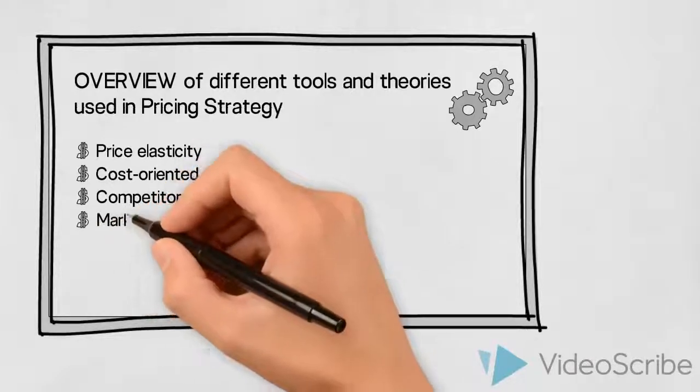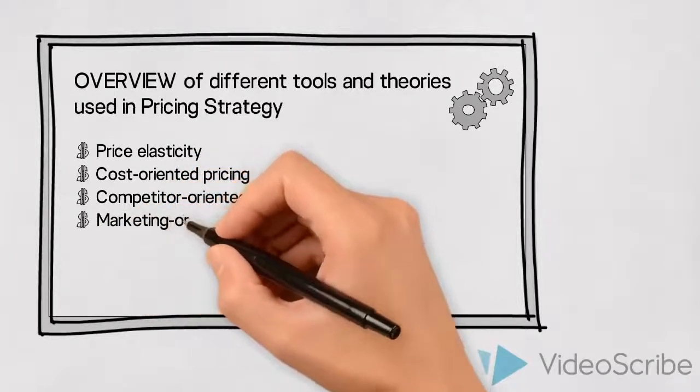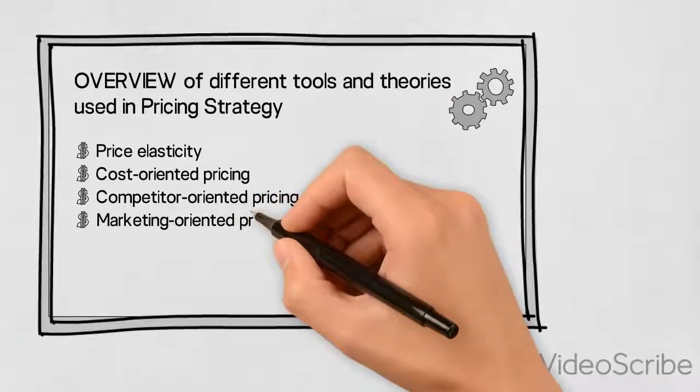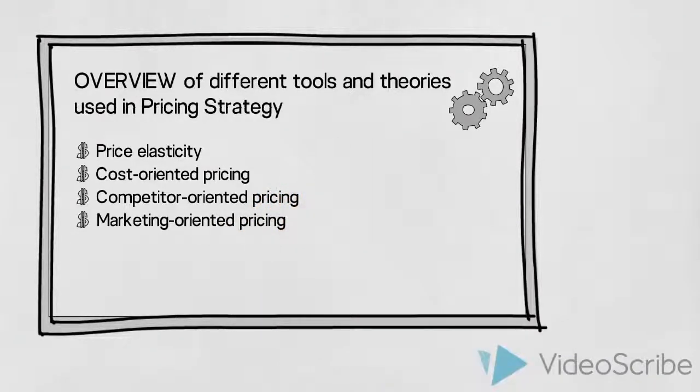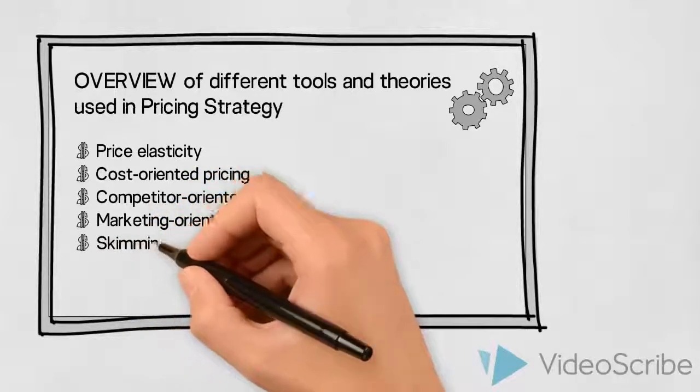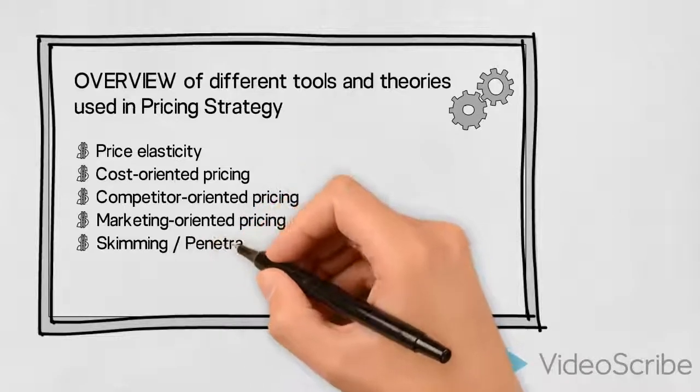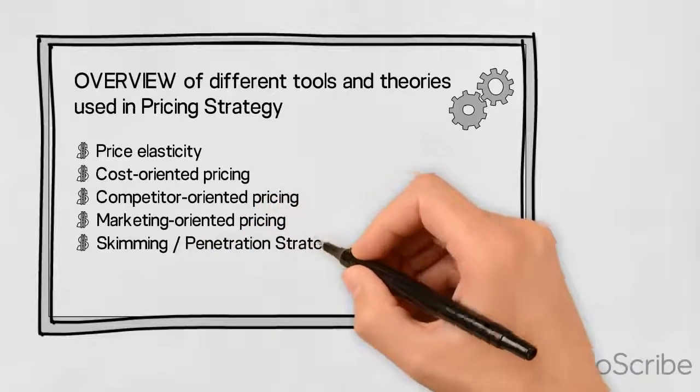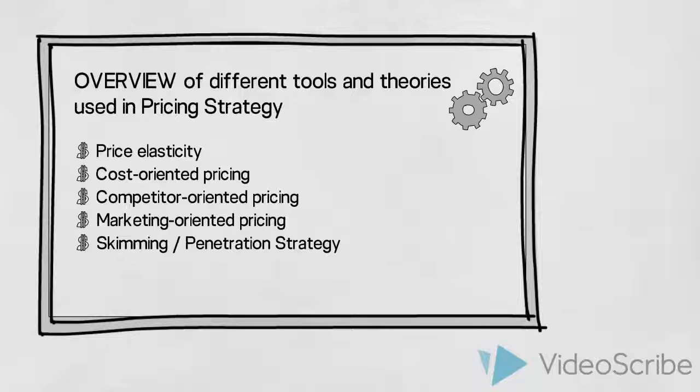Another option is the marketing-oriented pricing, which involves looking in depth at how our customers value our product or service. Skimming or penetration strategies is a look at the strategy behind the combination of two things, namely a high or low price level and the promotional activity level.